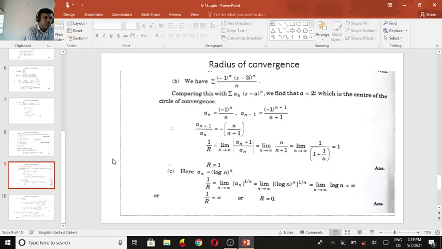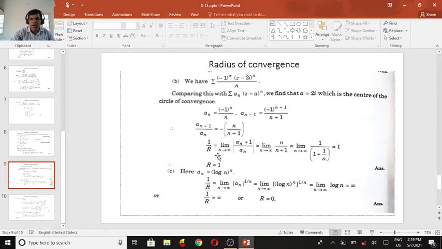The (-1) power n gets cancelled, and simply (-1) power 1 is left, so we get a negative sign. So minus of n divided by n+1. If we simplify a_{n+1} divided by a_n, we get (-1) power n+1 divided by n+1 divided by (-1) power n divided by n. The (-1) power n term gets cancelled, (-1) power 1 is left. So again n divided by n+1 with a negative sign.